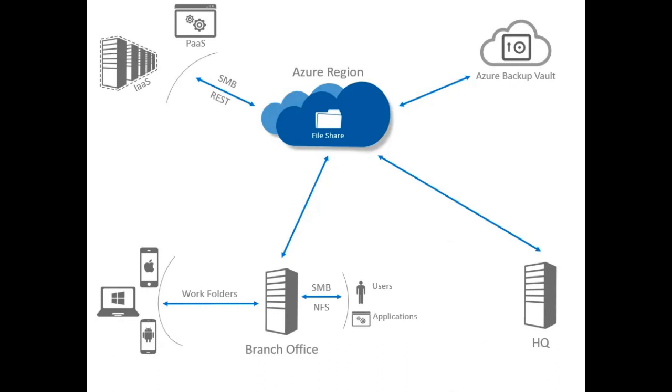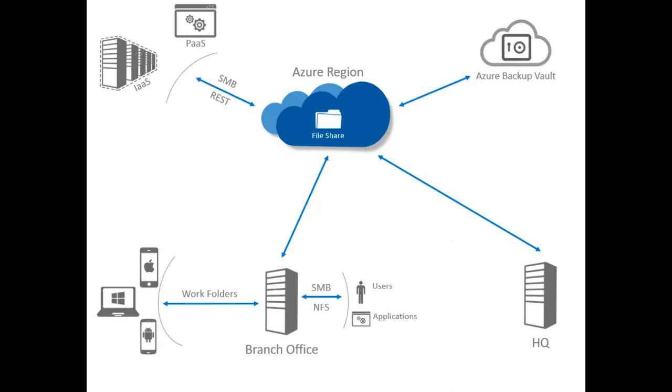Cloud access, so we can connect to the files that have been replicated to the cloud, either through IaaS servers or PaaS services. Sync and access, so it provides write access to the same data across Windows servers and Azure files.